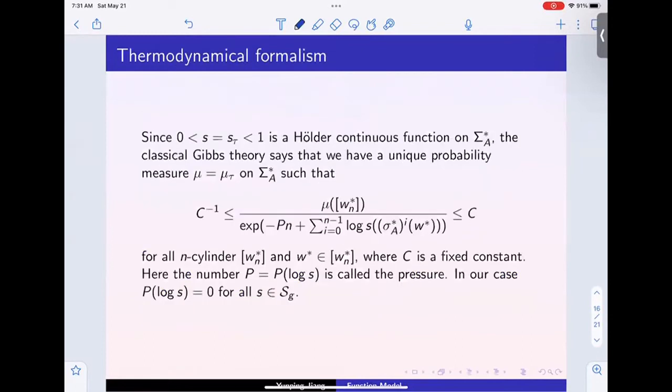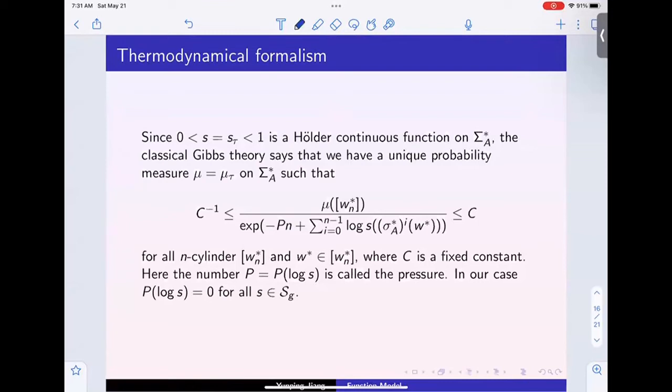Another thing is you can introduce the so-called thermodynamical formalism into this study. Suppose you have an S. Remember, our S is a so-called Hölder continuous function.